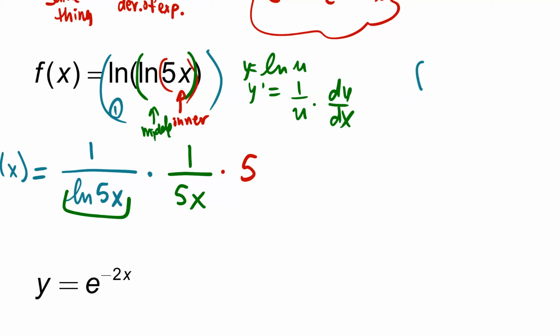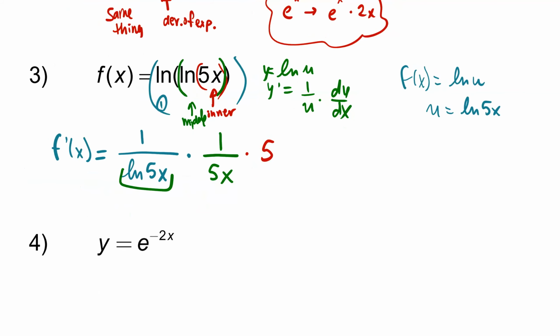Let's say f of x equals ln of u, where u is equal to ln of 5x. So I say 1 over u, which is 1 over ln of 5x, times the derivative of ln of 5x. Well, shoot, now I have ln of 5x. The derivative of ln is 1 over u, and here my u is equal to 5x.